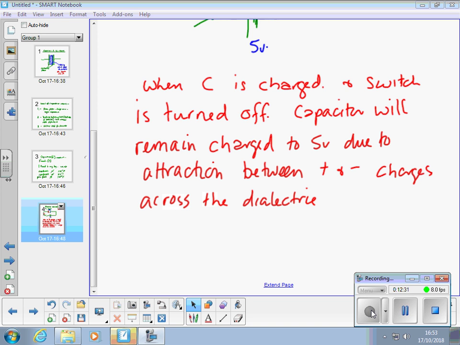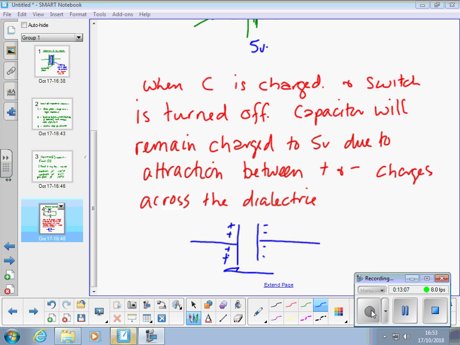Now, if the capacitor was perfect, no leakage, it would remain charged at 5 volts indefinitely unless we connected a conductor across the capacitor so that it discharged. We could have that capacitor sit there charged indefinitely, and we'd measure 5 volts across it if we used a perfect meter that didn't draw any current.